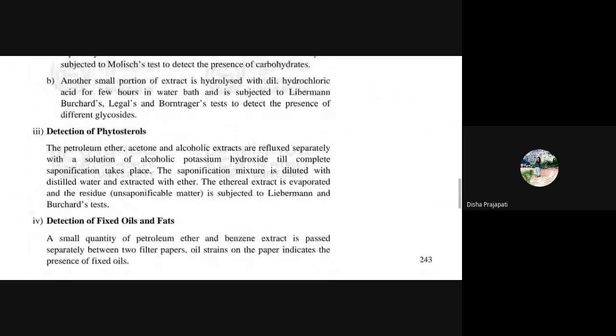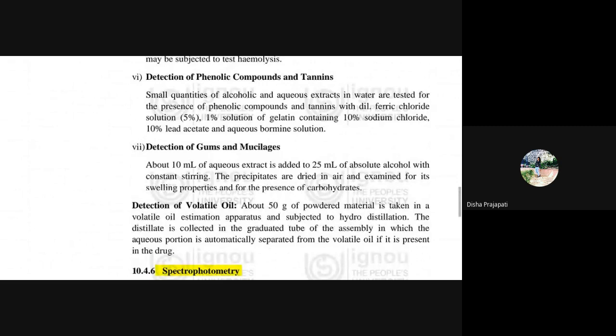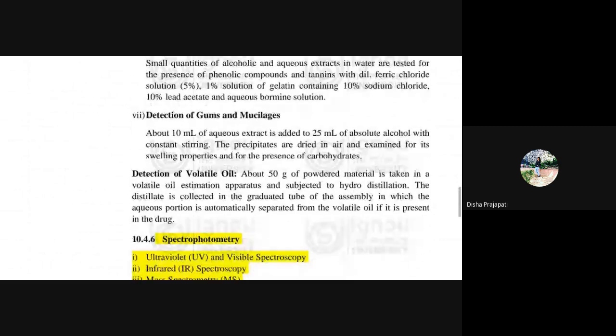So detection of alkaloids, carbohydrates and glycosides, phytosterols, fixed oils and fats, saponins, phenolic compounds and tannins, gums and mucilage can be done by different chemical reactions.